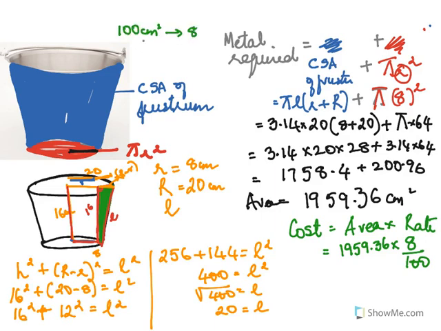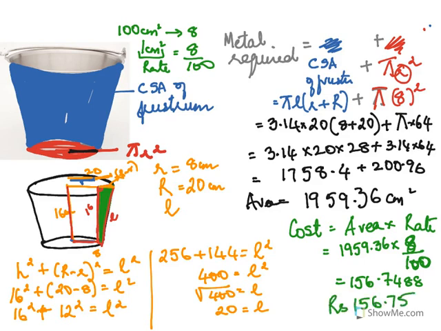So for 1 centimeter square, which is the rate, will be 8 over 100. And that's what I've done here. 8 over 100, the rate. And then the answer works to be 156.7488, and that is approximately equal to 156.75 rupees.